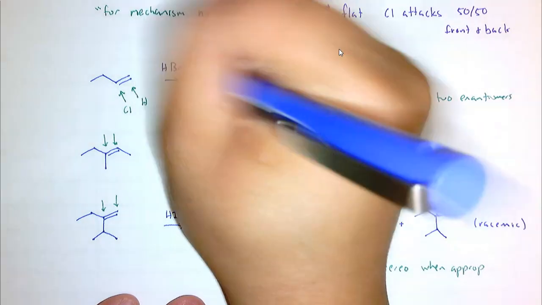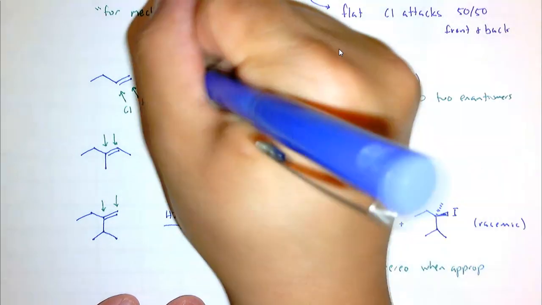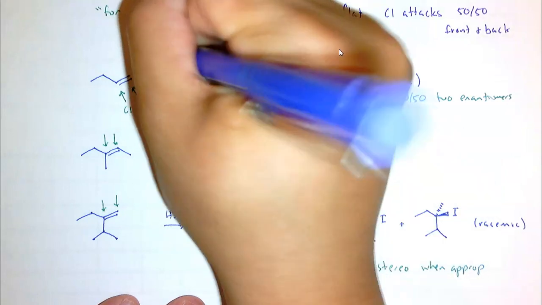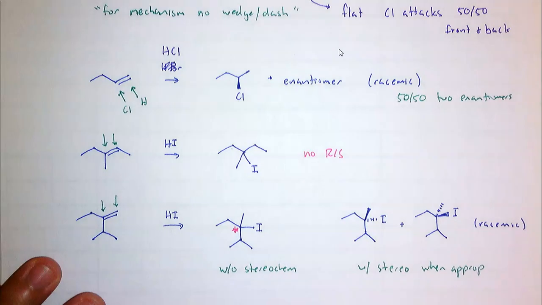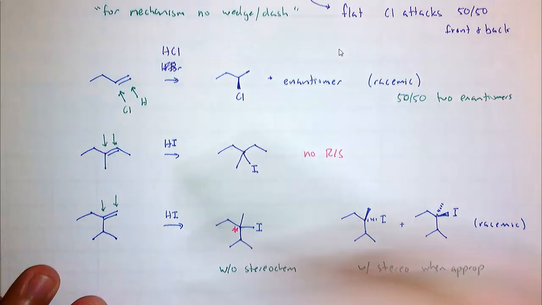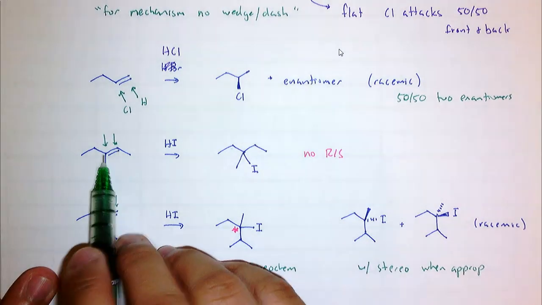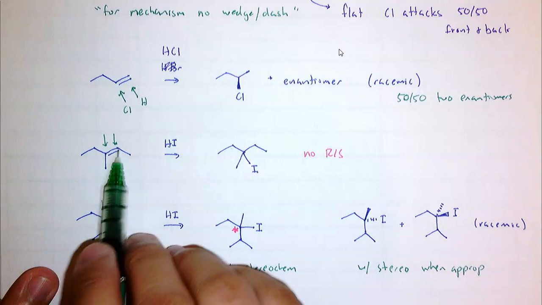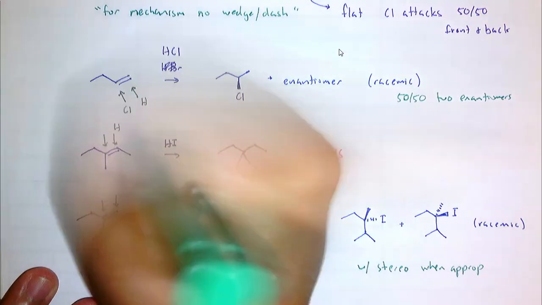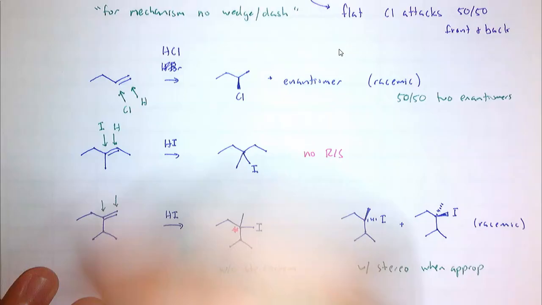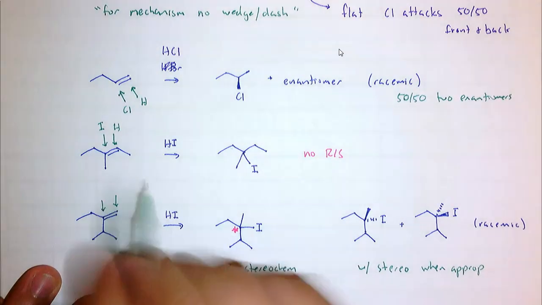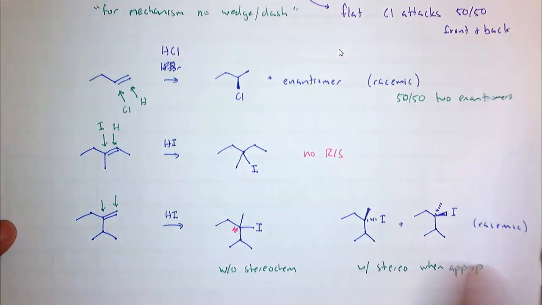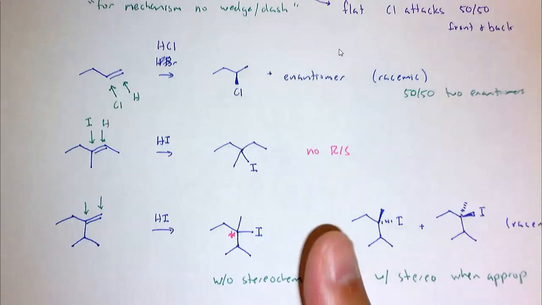I'm going to change this back to chlorine. The rich get richer. This carbon has 1 hydrogen. This carbon has 0. And iodine here. You notice that I'm only looking at the carbons that are part of the double bond. That is hydrohalogenation.